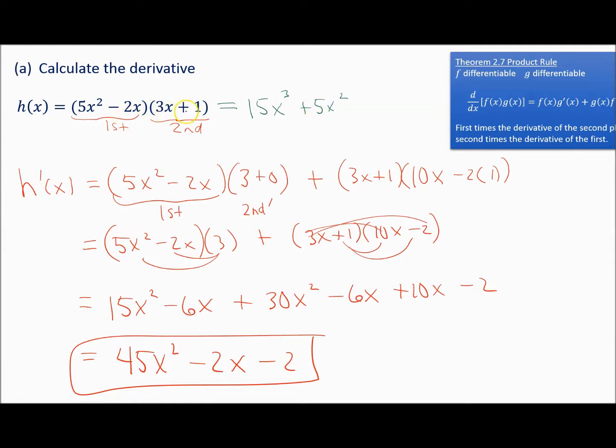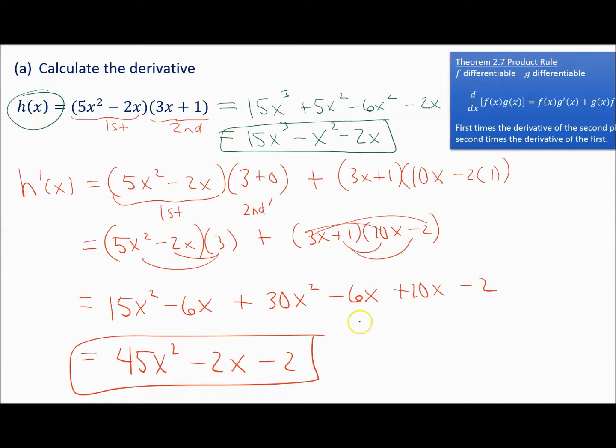Negative 2x times 3x is negative 6x squared. And negative 2x times 1 is negative 2x. When I combine like terms, that gives me 15x to the third minus x squared minus 2x. Now that's not my derivative, right? That's my original function. That's h of x.